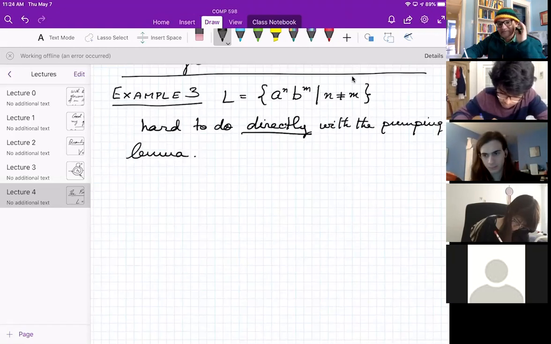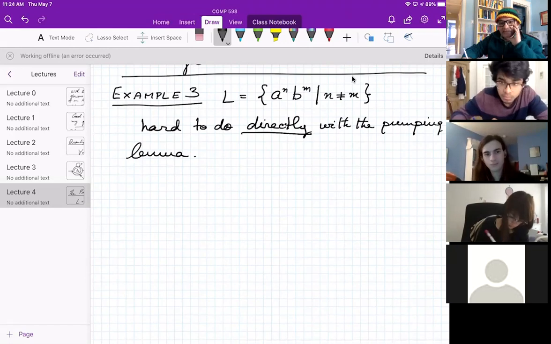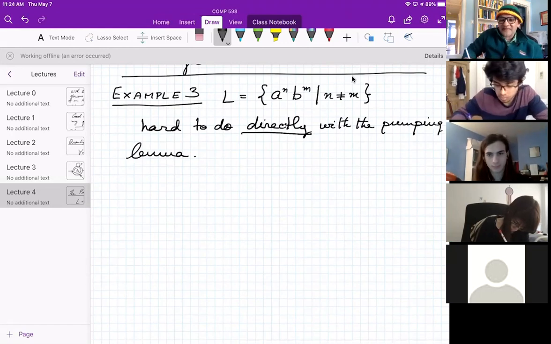Which doesn't mean impossible. I'm sure you could do it, but it is not completely straightforward, and there is fortunately an easier way. So I'm now going to show you other techniques other than just doing it blindly from the statement of the pumping lemma.